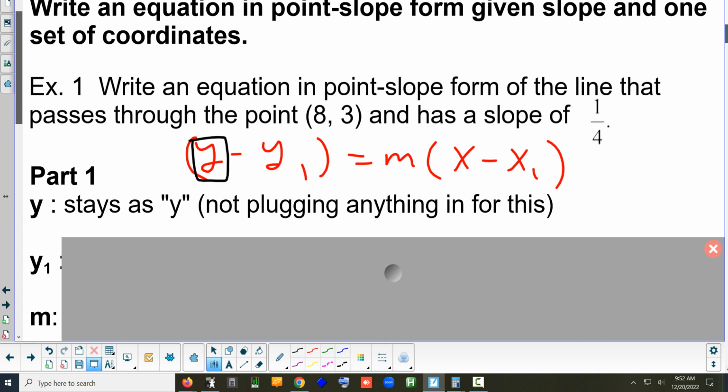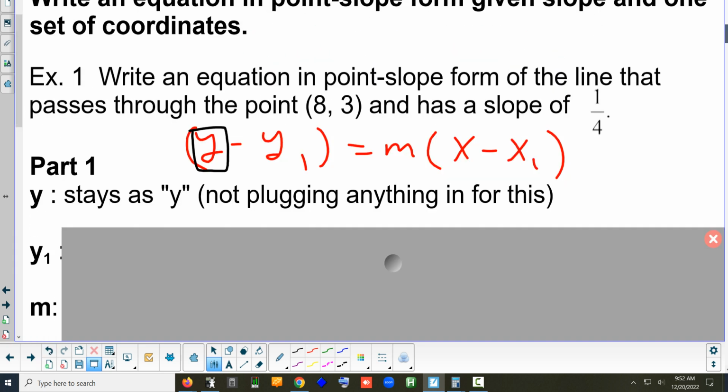That stays the same. So on the first line where it has a y and then a colon, on the blank you can put in y stays as y. It stays the same. Don't fill anything in for that.